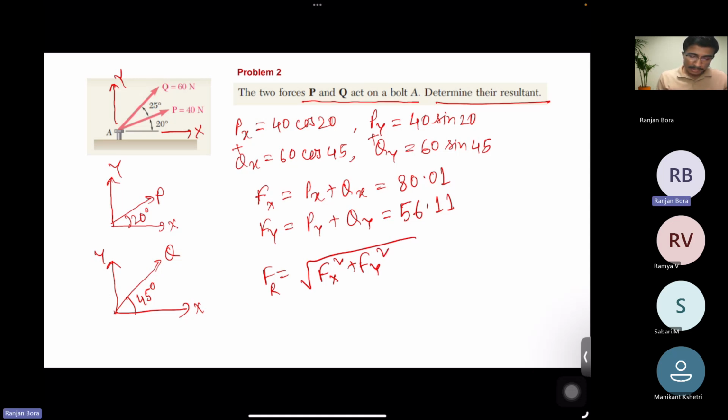Why are we writing it like this? Because fx is along the x axis and fy is along the y axis.